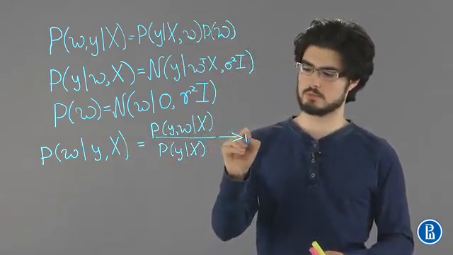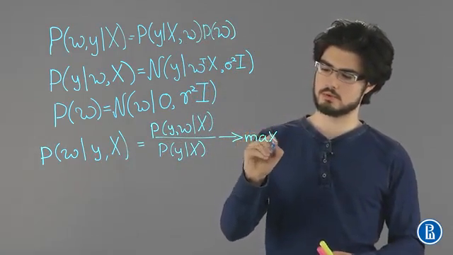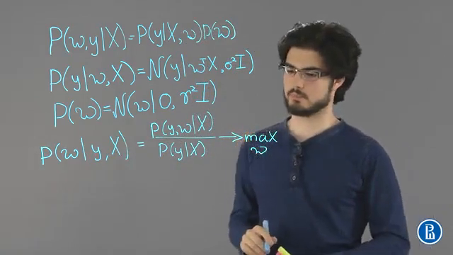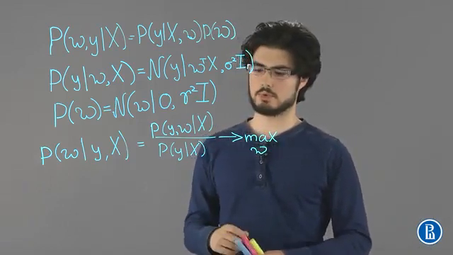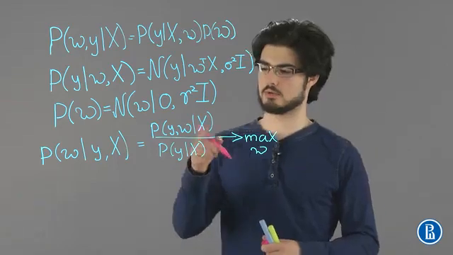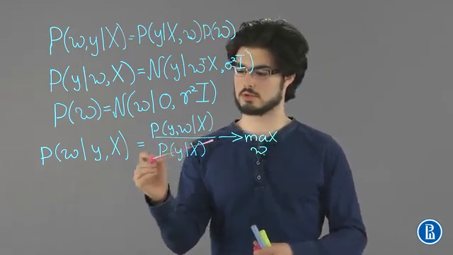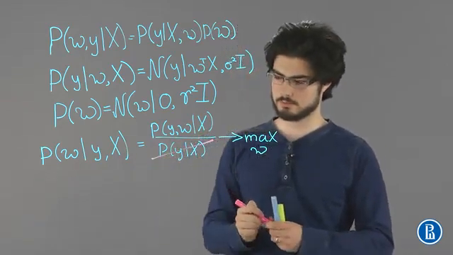So we'll try to maximize this with respect to the weights. We can notice that the denominator does not depend on the weights, and so we can maximize only the numerator. So we can cross it out.